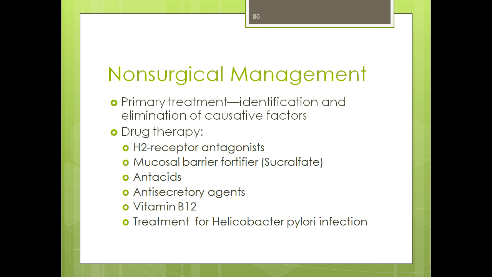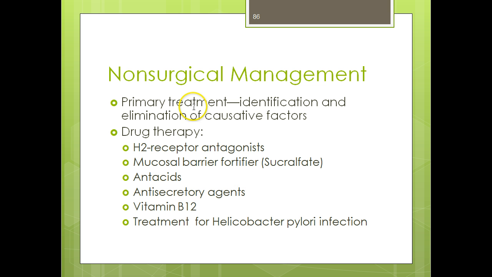Usually, people use some type of drug therapy, like some type of antacid, like magnesium hydroxide, Maalox, or that type of thing. Some type of H2 antagonist. We went over that earlier, like a Zantac or a Pepcid.